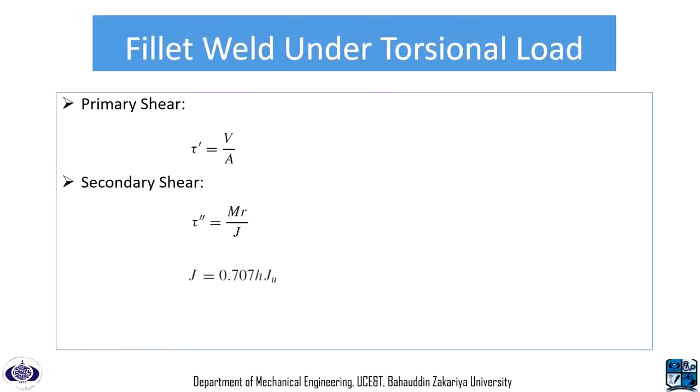Now when there is a fillet weld under torsional load or bending load, we firstly need to find the primary shear, then we are going to find the secondary shear, and once both of these shears are known, then we can find the overall effect of primary and secondary shear.